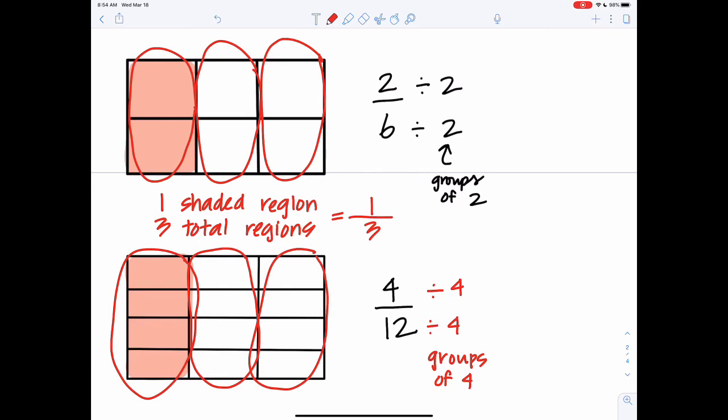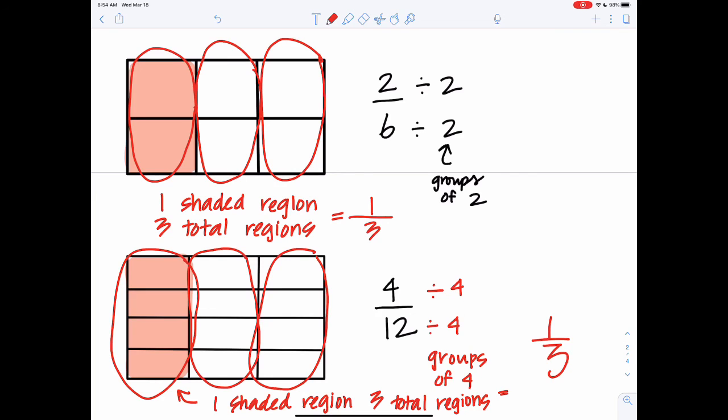Once again, I have one shaded region and 3 total regions, which is equal to 1/3.